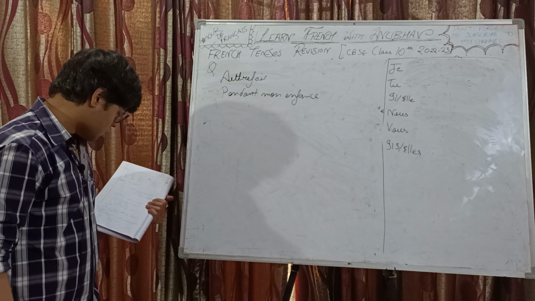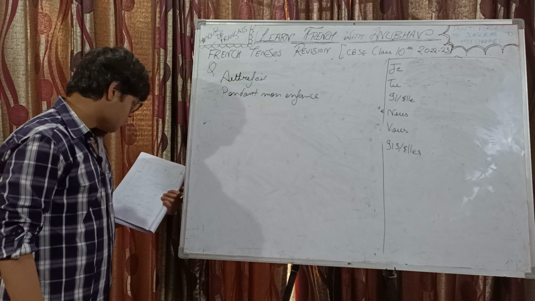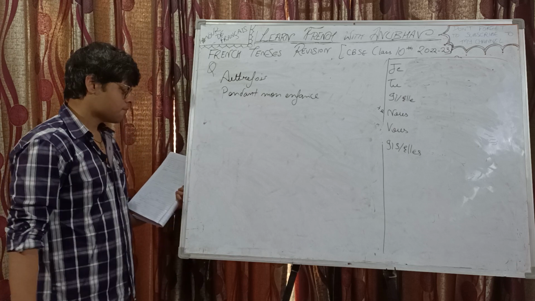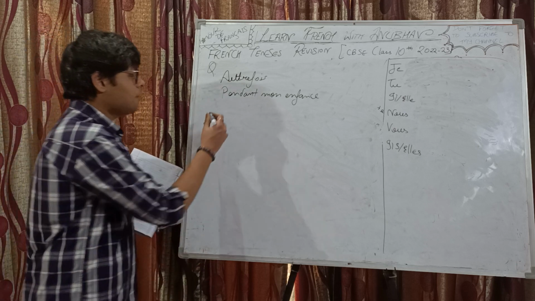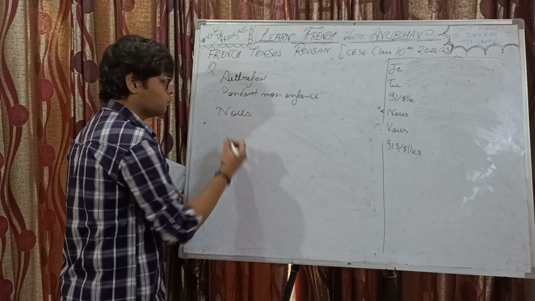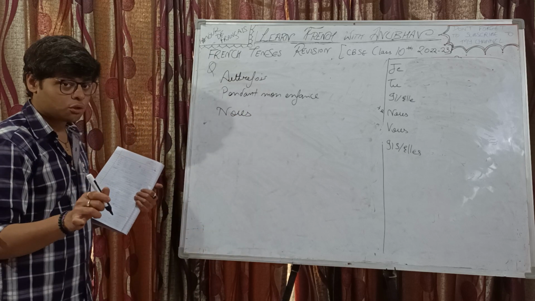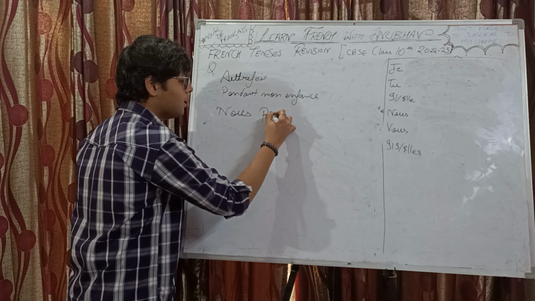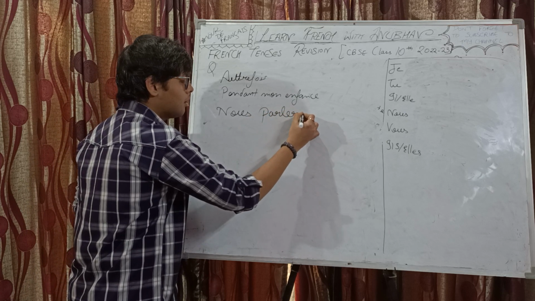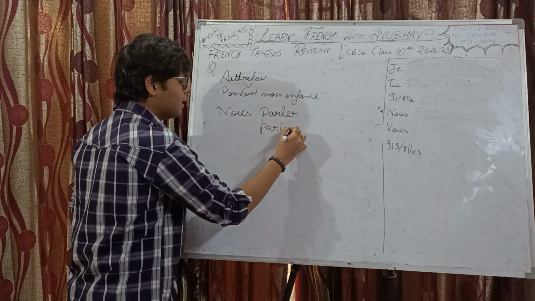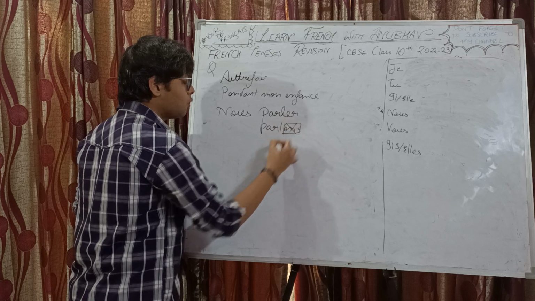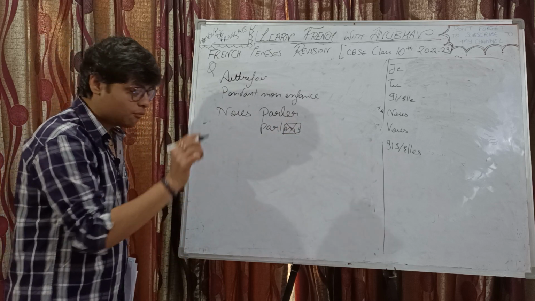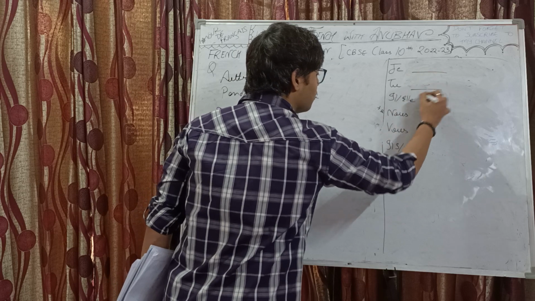And how to conjugate for imparfait? First, we take the present tense conjugation with nous. Then, let's take parler for instance. So it's parlons, right? We remove this ONS and then we add the endings. What are the endings of imparfait?